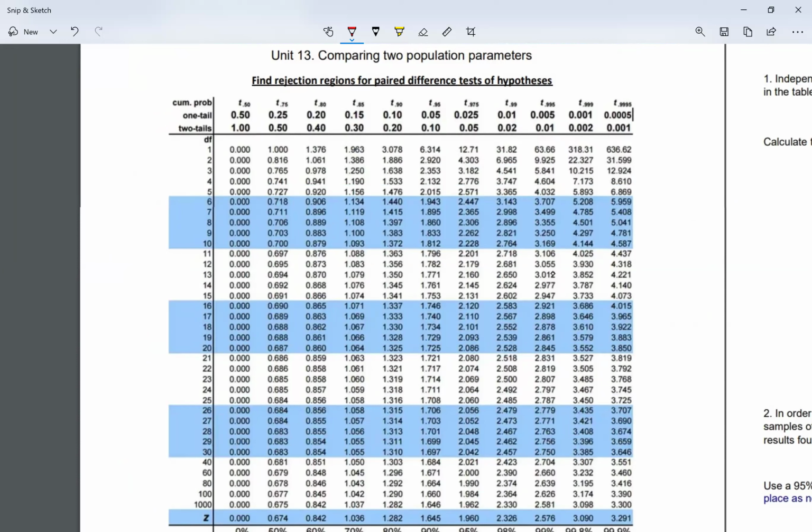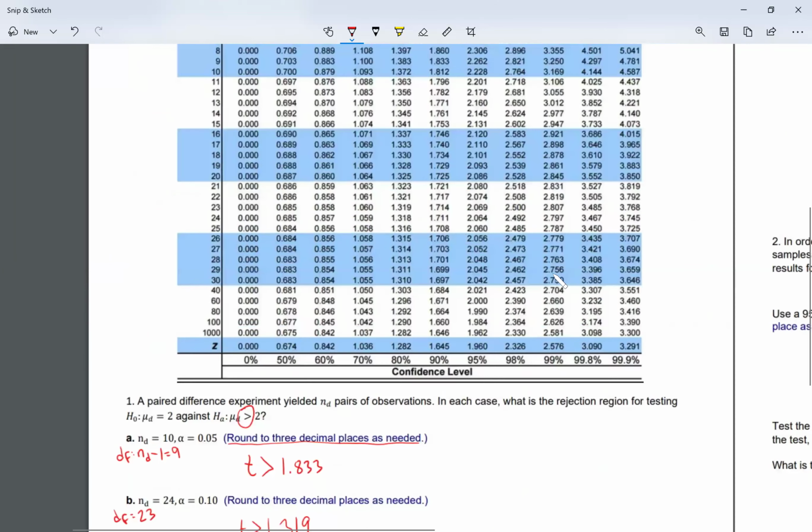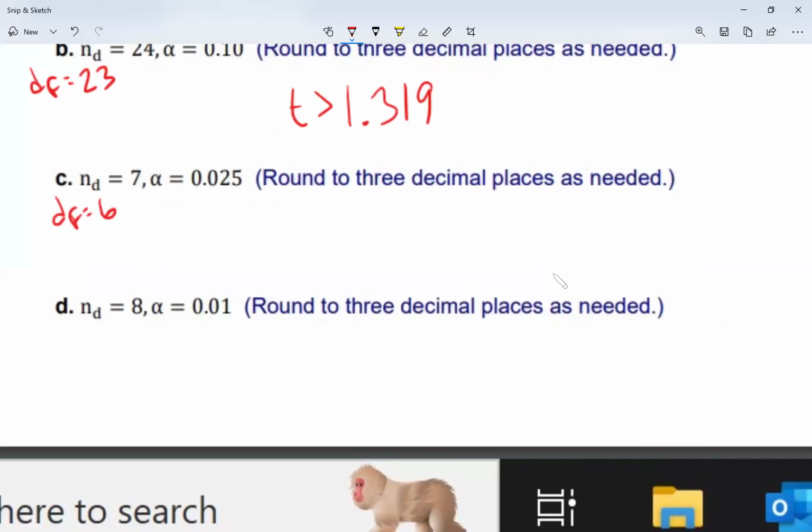Oh, it's right here. My alpha, my degrees of freedom, I said it was going to be 6. So they meet right there. You see that? Okay. So I'm going to say my T has to be greater than 2.447.